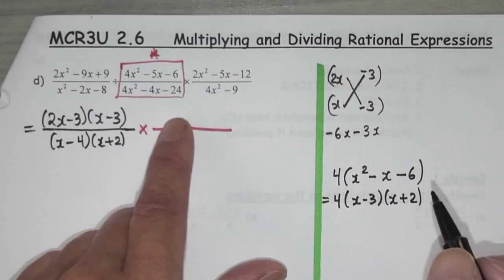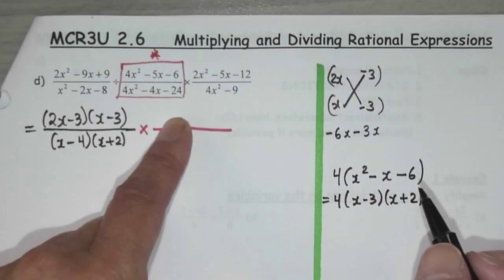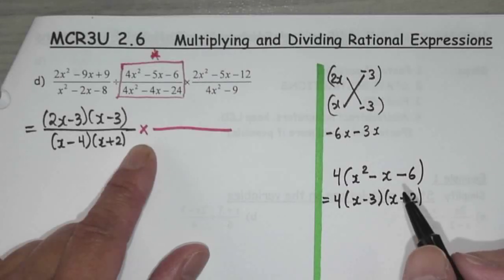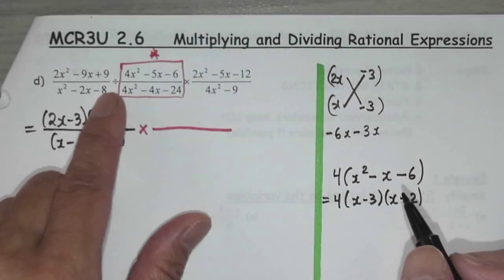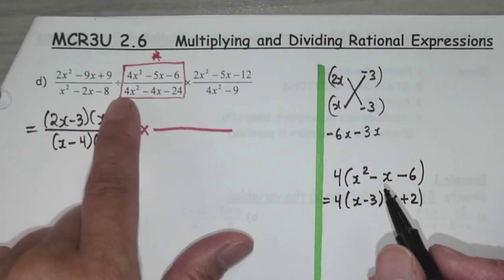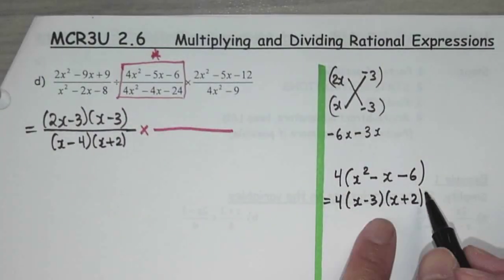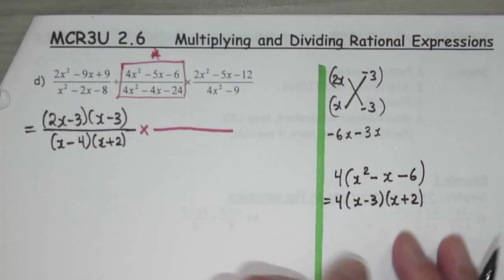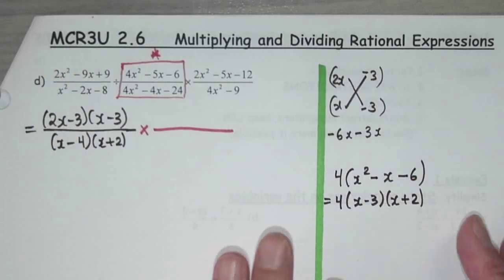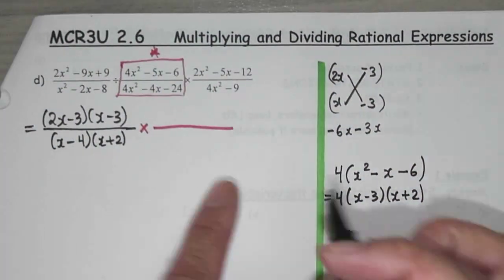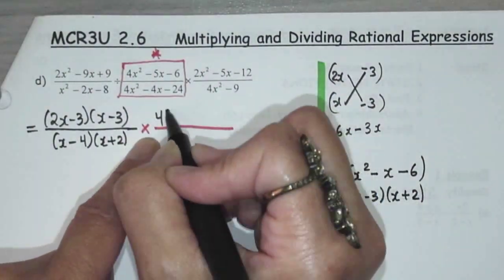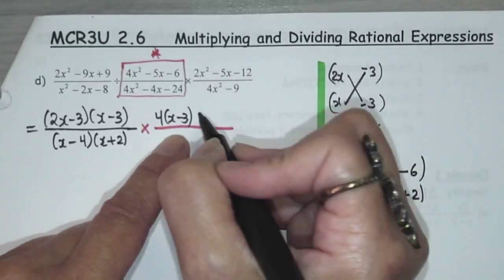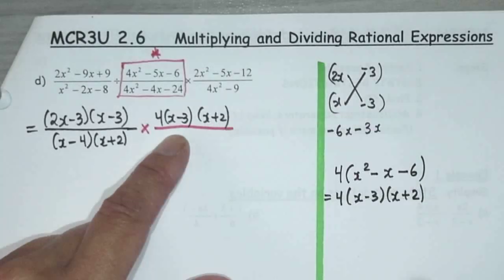Grab that and very carefully put it on the top now, because I switched it to times. As you're doing it, the thought process is division becomes multiplication, I grabbed the bottom, pulled it to the side. So don't do everything all at once and try to copy it. Do it in steps. Grabbed it, and now I'm putting it on the top. So slow it down. Don't go too fast.